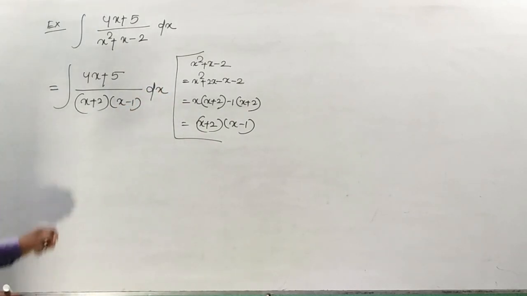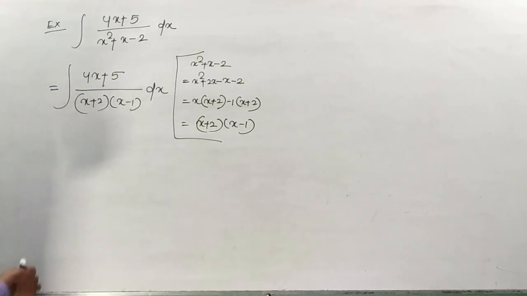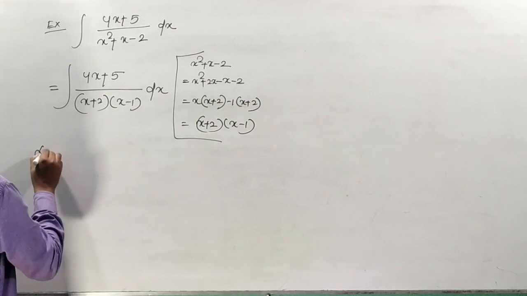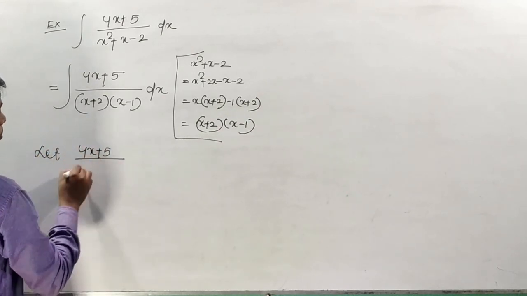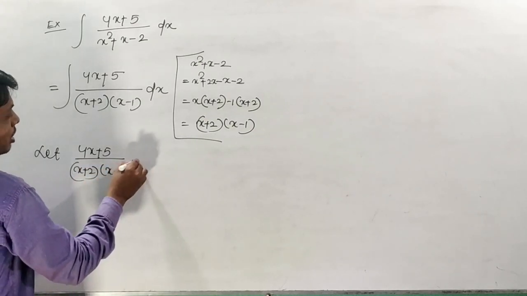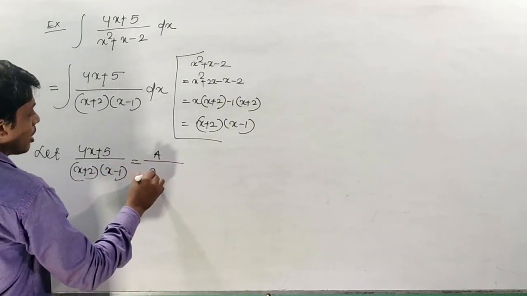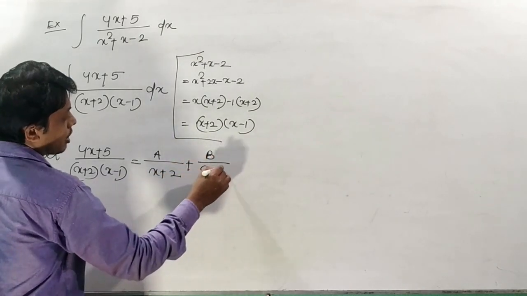Now we have to take the help of the partial fraction to express this as the sum of two fractions. So let us take 4x plus 5 by x plus 2 into x minus 1 is your a by x plus 2 plus b by x minus 1.